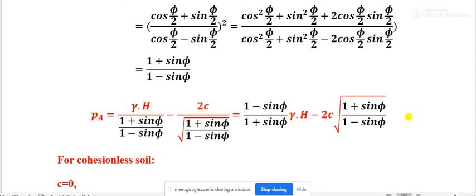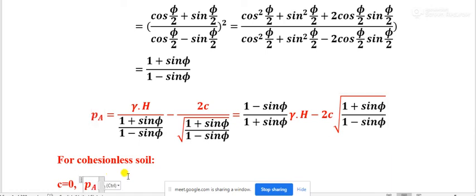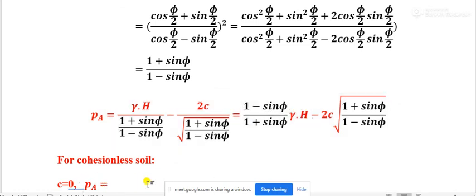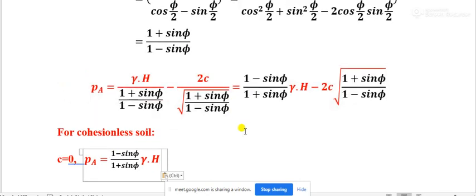and in that case Pa or active earth pressure equals to nothing but only this one. As c is 0, this part will be 0. This is for cohesionless soil. And if the soil is of cohesive nature, that is there is a value of c, then the equation will be like this one.